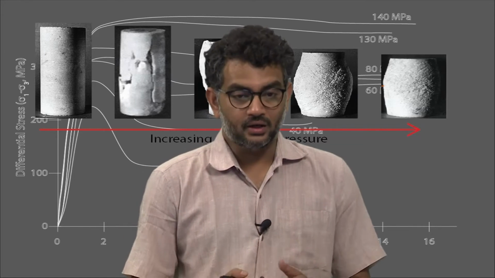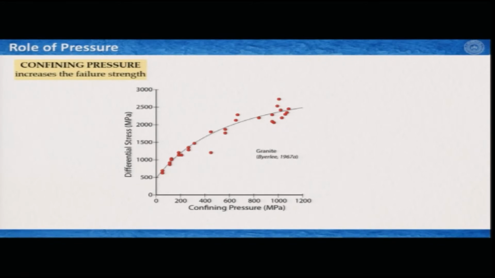Now, we can see it in a different way. This is another experiment on granite performed by Byerlee. On this side again we have differential stress, and on this side we have confining pressure. And we see that the strength of the rocks increased gradually, and in this case these were performed at different experimental conditions, maximum close to 1000 megapascals, and lower, maybe 40 or 60 megapascals.